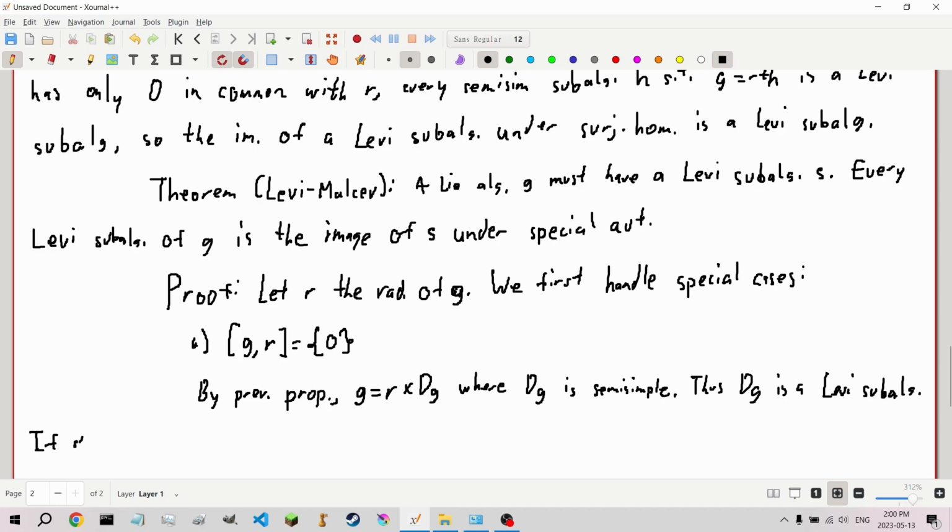If S prime is a semi-simple subalgebra, then S prime is its own derived subalgebra from the previous theorem.